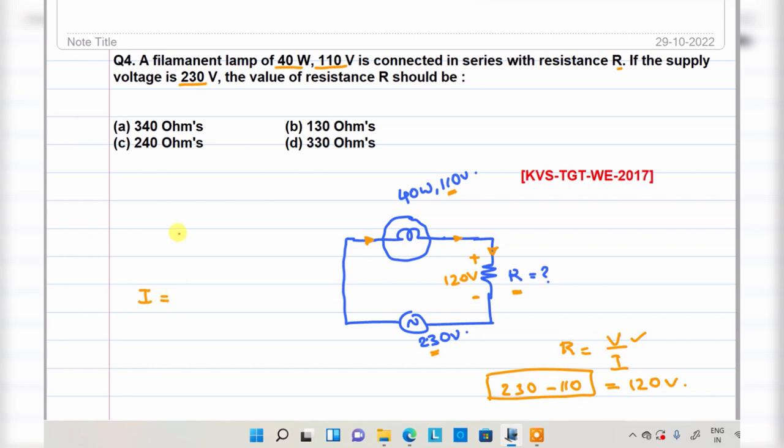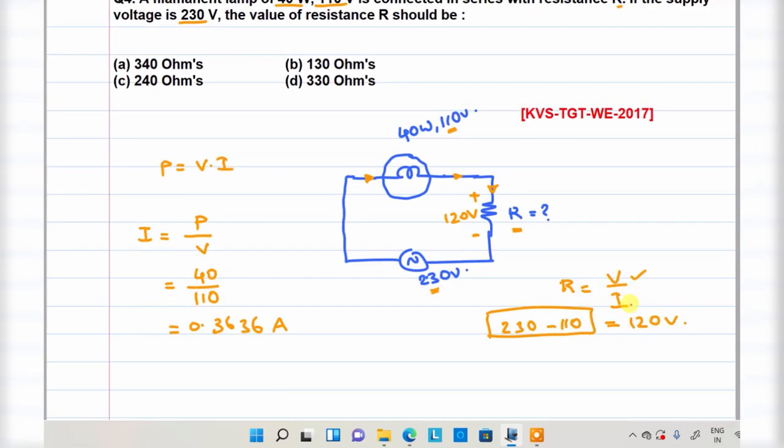I is equal to, the formula for power, P is equal to V into I. From that, I is equal to P by V. What is the power given? 40 watt. Voltage 110. That will be equivalent to 0.3636 amperes. Okay, you got the current also, right?